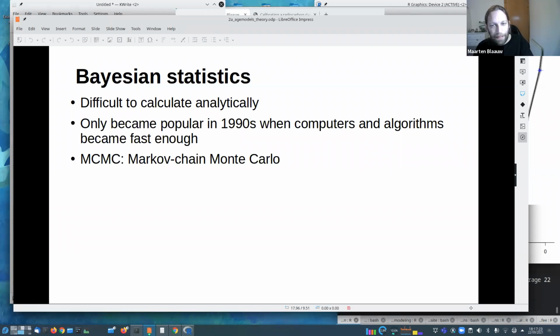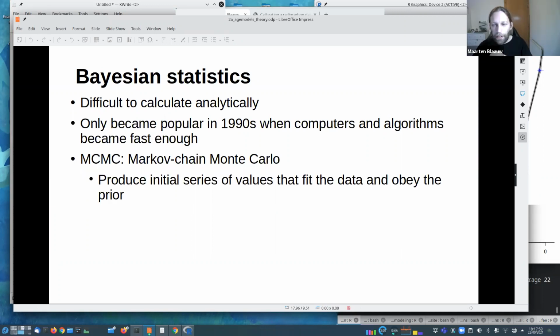But what's done here is that you still sample randomly, but you have a chain of iterations where the next iteration will depend on the previous iteration. So we change our parameters one by one in a random way. And that, we will see later, is a way to combine our prior information with new data. It's a way for our model to learn from the data. The model simply produces some initial values.